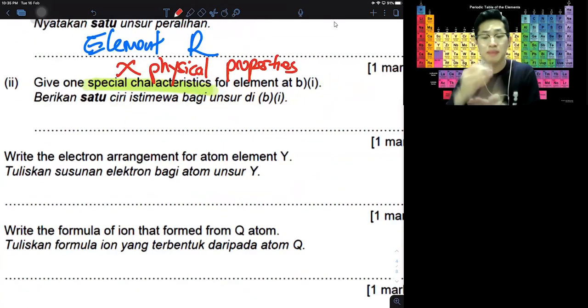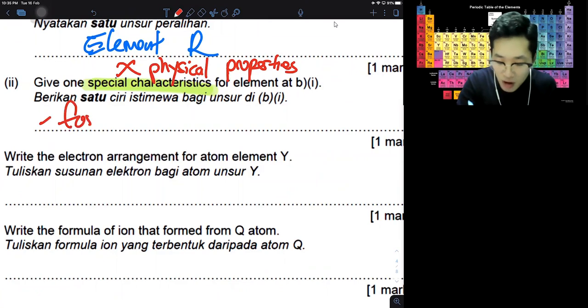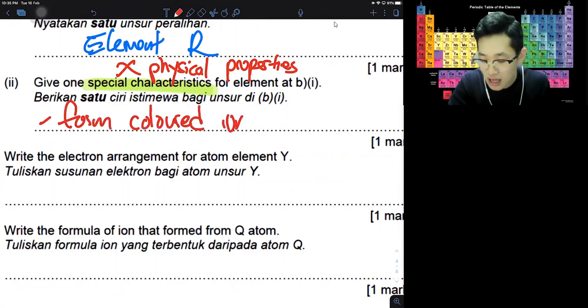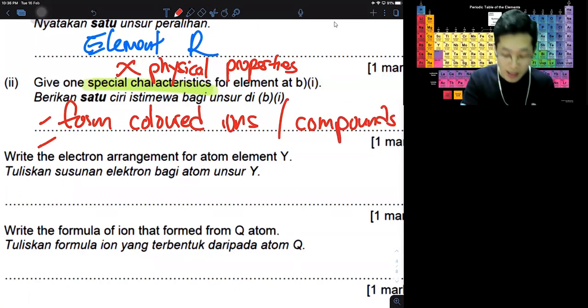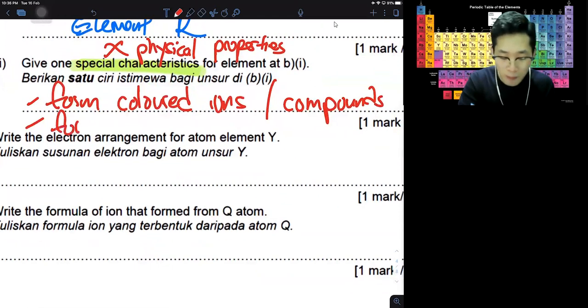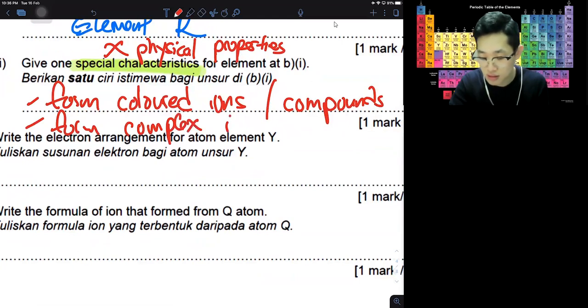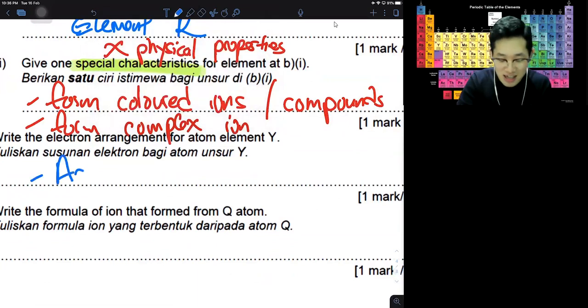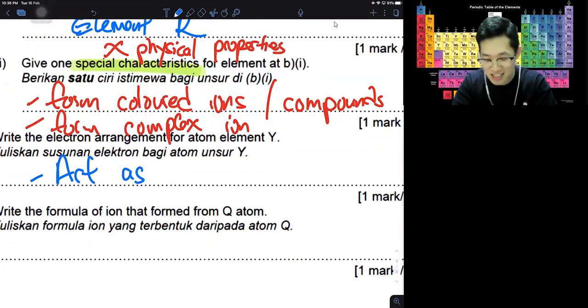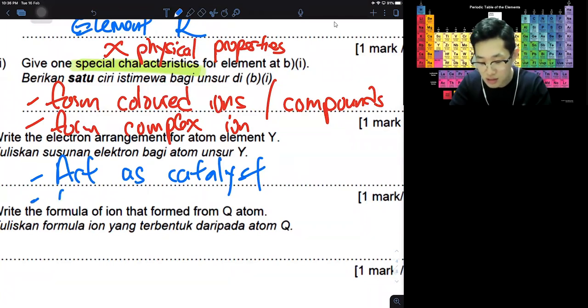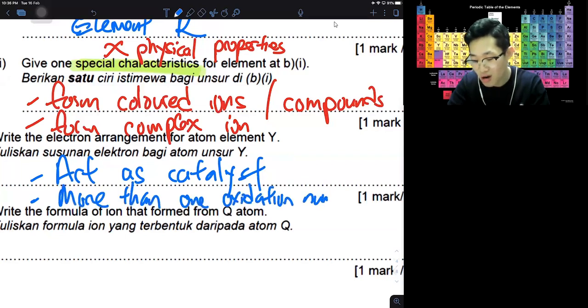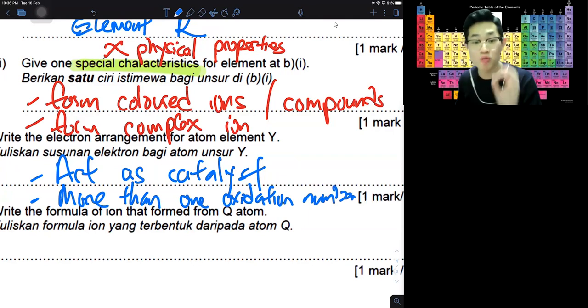In the periodic table, the special characteristics of transition elements are that they can form coloured ions or compounds, they have different colours, they form complex ions, they can act as catalysts, and they have more than one oxidation number or oxidation state.